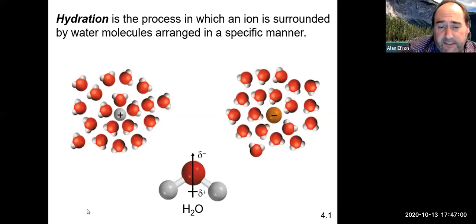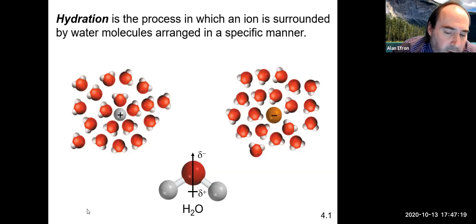So hydration is the process where we use water, for example, to dissolve ions. When we put ions into solution, what happens a lot of times when we dissolve something is this process of hydration.